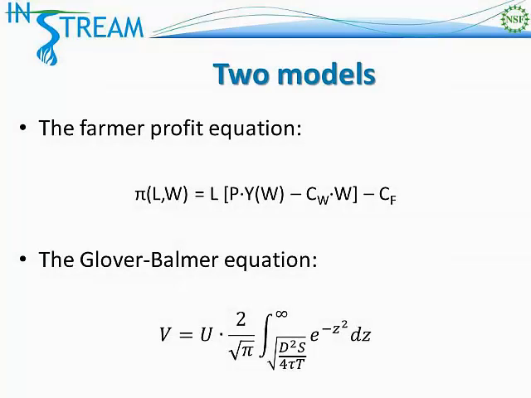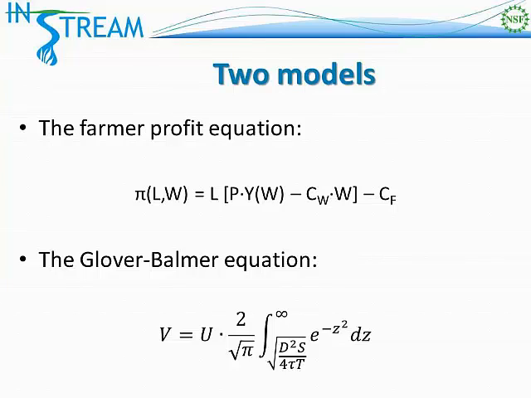Recall that in parts 2 and 3 of the module, we built the farmer profit equation, starting with our understanding of what a farmer's production decision is like, simplifying it, picking some variable names, and writing out the equation for profit.